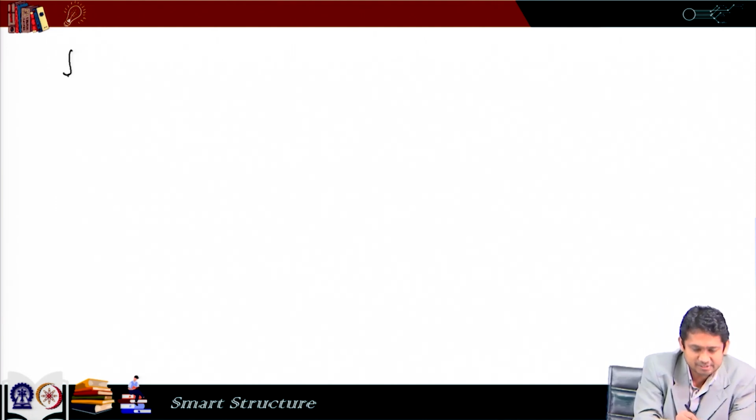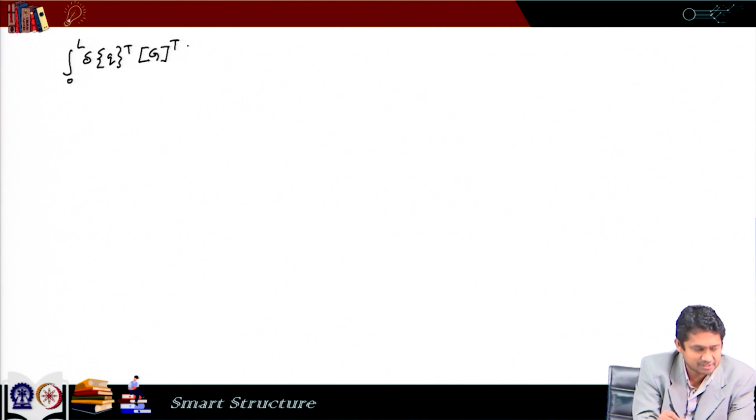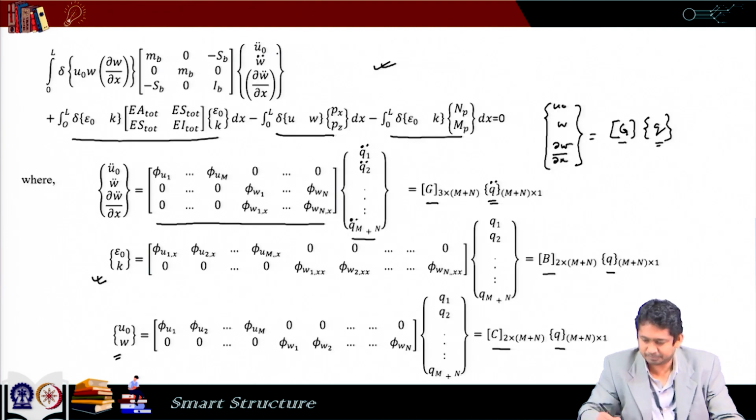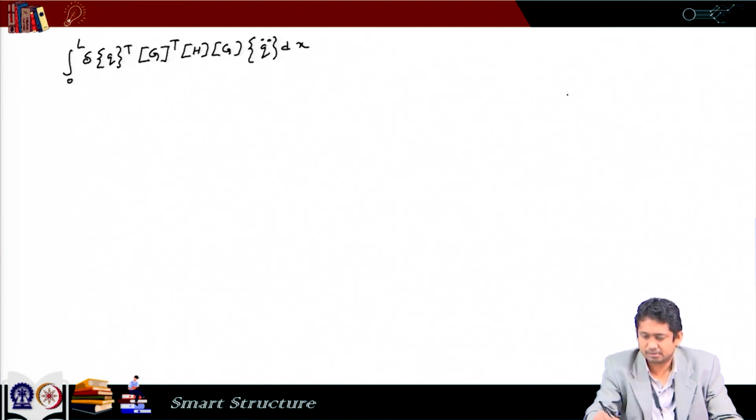Now, to do that, we can write the first term, which has all the inertias, as integral 0 to L of delta q transpose G transpose H G q double dot dx, because we have seen that u0 w del w by del x is equal to G multiplied by q.